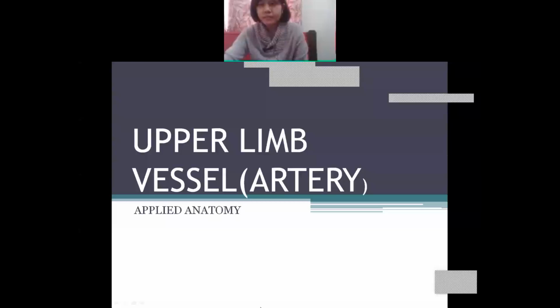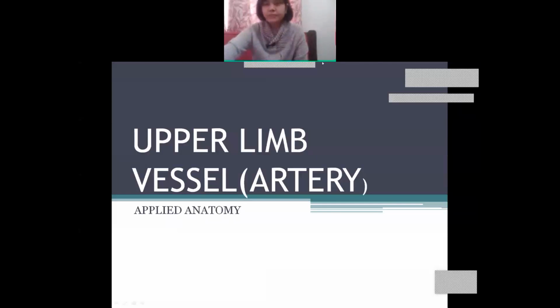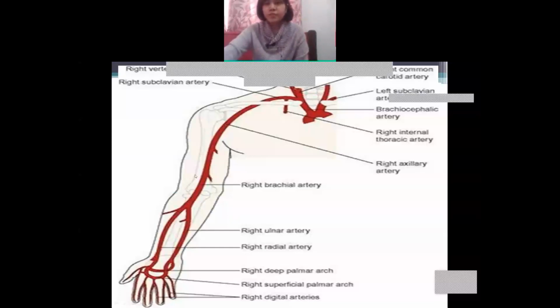Okay, so today we will discuss the upper limb vessels, that is, the arteries. All these are the arteries which connect each and every part of it.